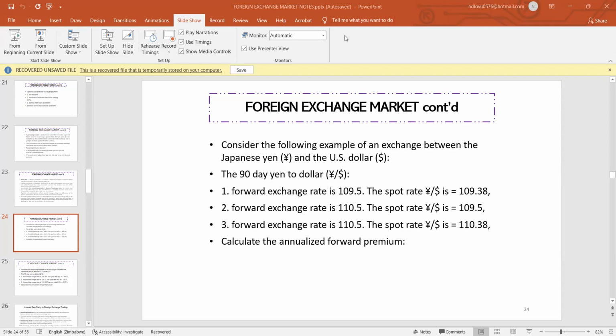To demonstrate the calculations, I'll transition from this screen to another screen.